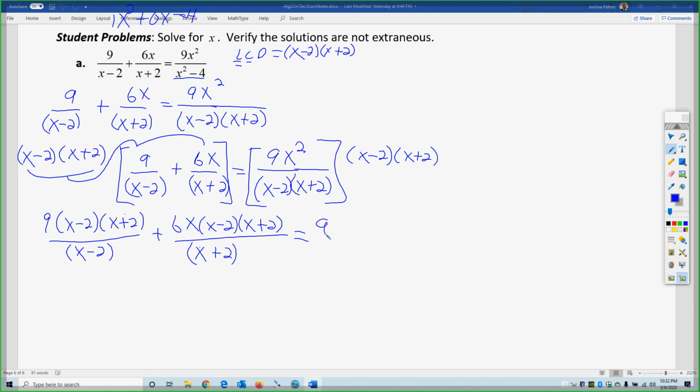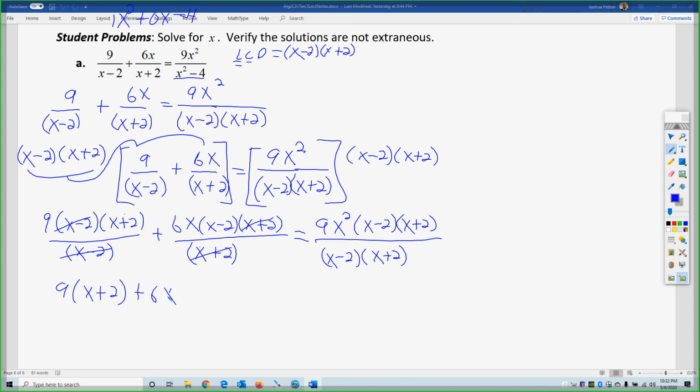Equals 9x squared times x minus 2, x plus 2 over x minus 2, x plus 2. Okay, x minus 2's cancel, so we're left with 9 times x plus 2. The x plus 2's cancel, so we're left with 6x and x minus 2 equals, so everything on the right-hand side cancels except the original 9x squared.